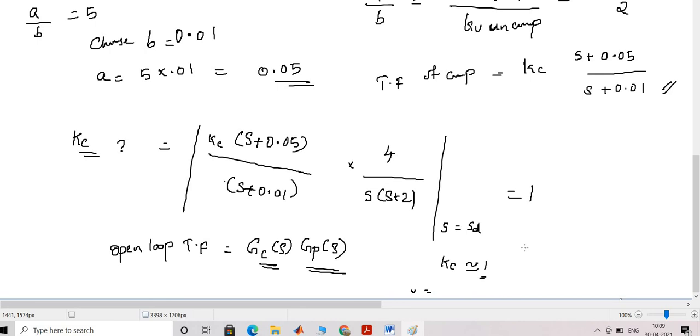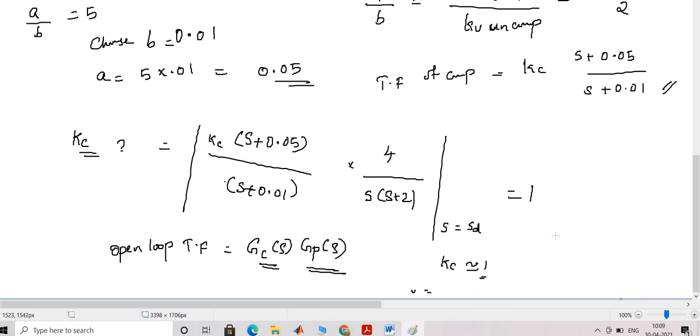Now what are our steady state specifications? We have time domain specification as well as steady state specification. With respect to time domain specification, we have selected the dominant pole, and now we have to check whether the steady state specifications are satisfied.